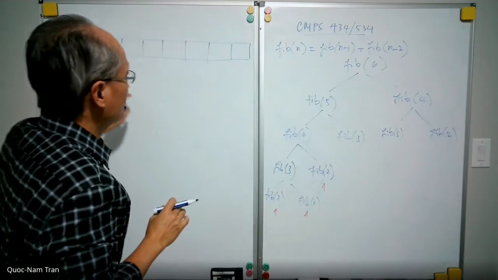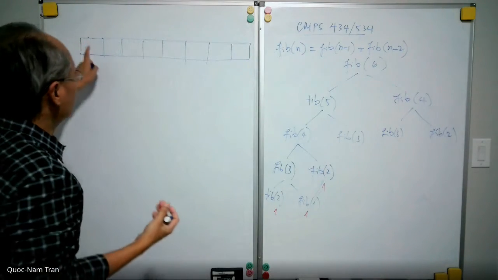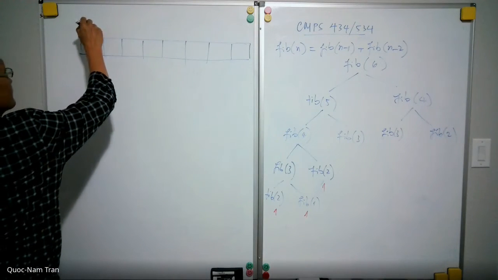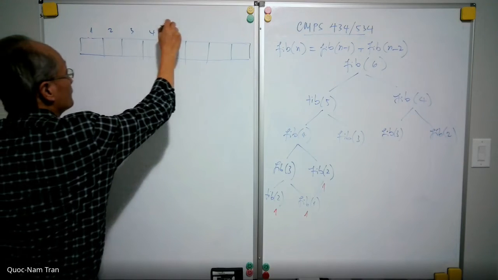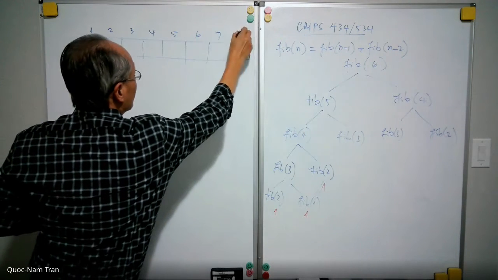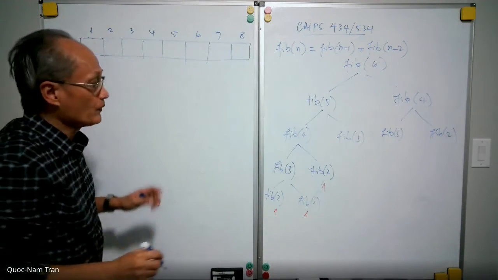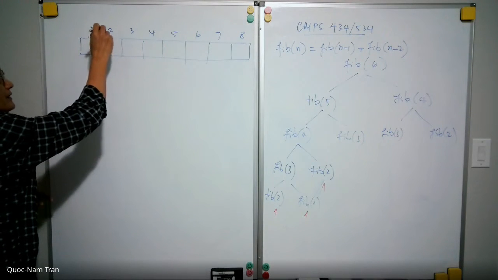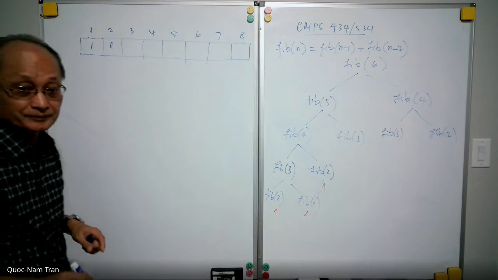So again, here I will have the index from 1 to n. Let's say I have the index 1, 2, 3, 4, 5, 6, 7, 8. Now, we know that Fibonacci number of 1 is 1. Fibonacci number of 2 is 1, right?